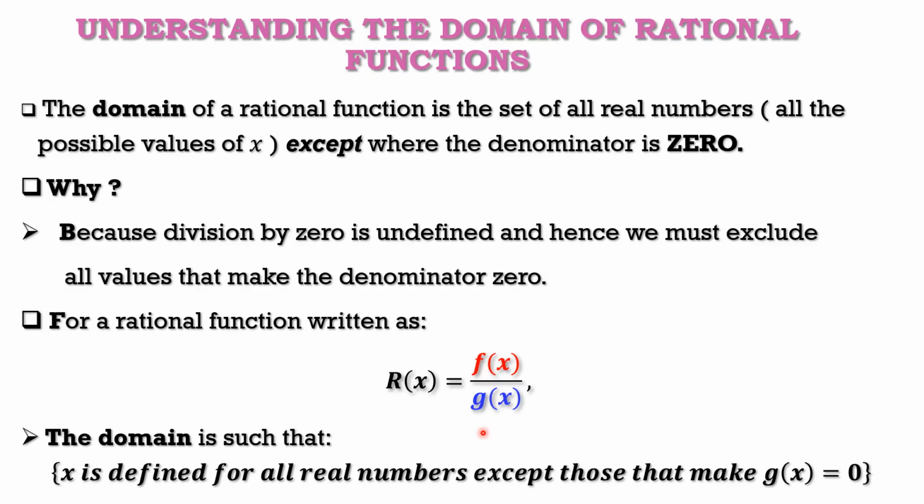This input value must be defined for all real numbers with the exception of those values that will put g of x equal to 0, which will make the whole function undefined or go to math error.